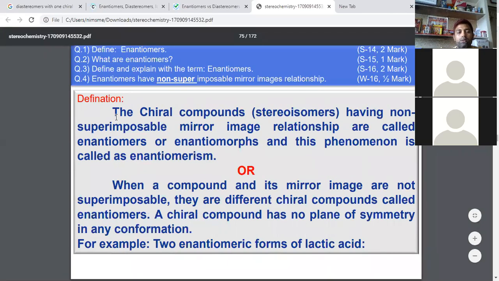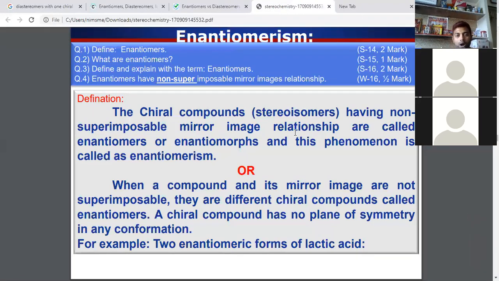See, the chiral compounds are also known as stereoisomers. The chiral compounds having a non-superimposable mirror image relationship are called enantiomers, and this phenomenon is known as enantiomerism.